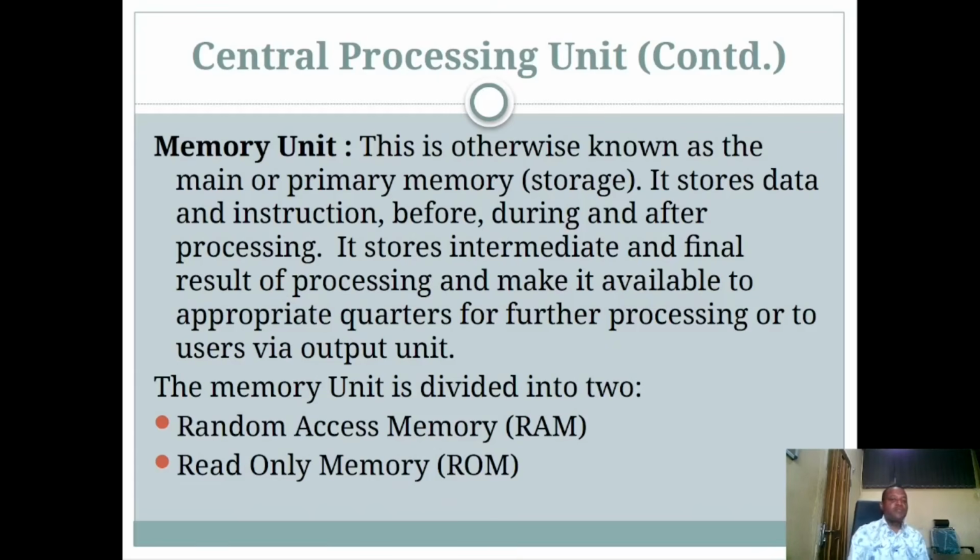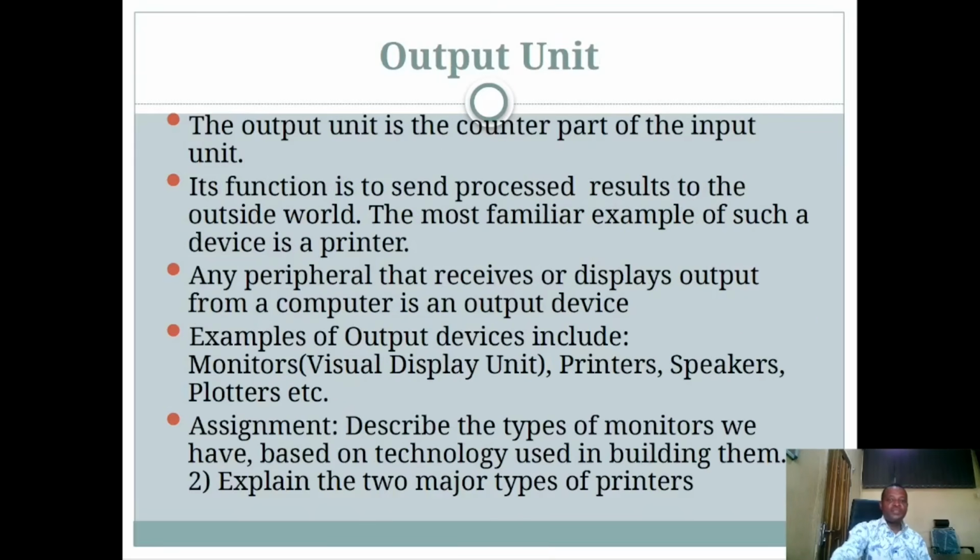Okay, so please, these differences were not captured in this slide, but I believe we have been able to capture something concerning the difference between random access memory and read-only memory. Okay, now I am done with the subunit of the central processing unit.